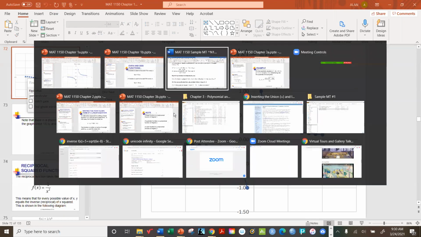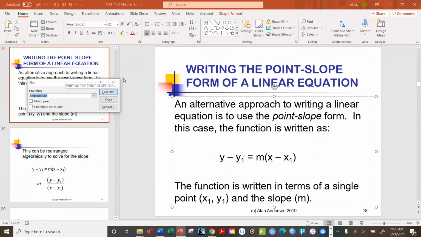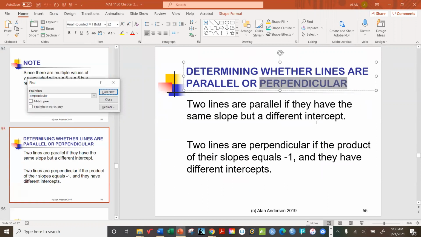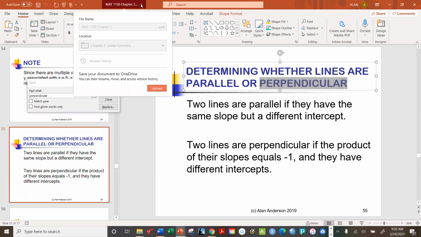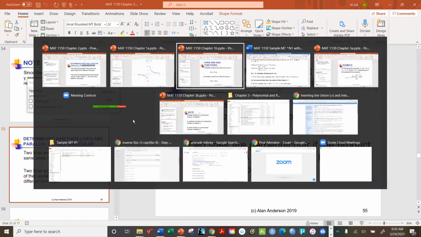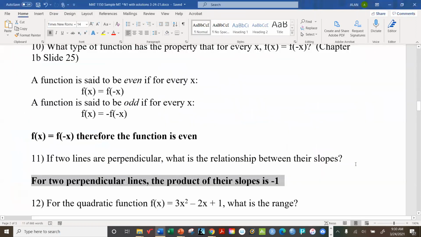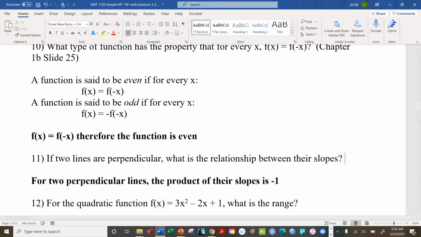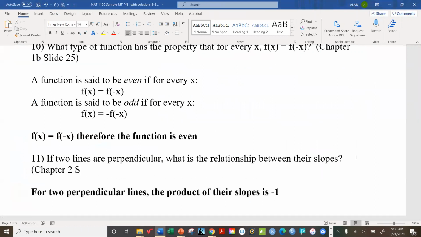It's probably in the linear. Let's go to 2. Oh, it accidentally showed it to me. All right, this is chapter 2, slide 55. Okay, for your reference.